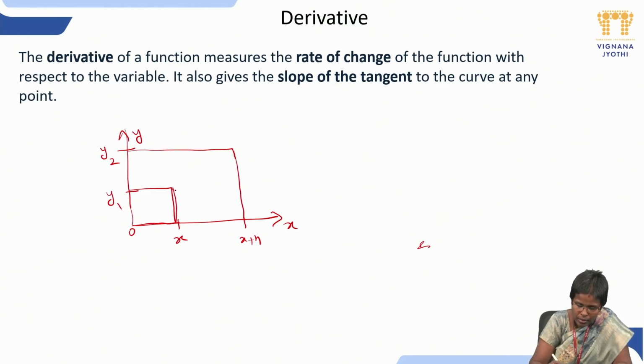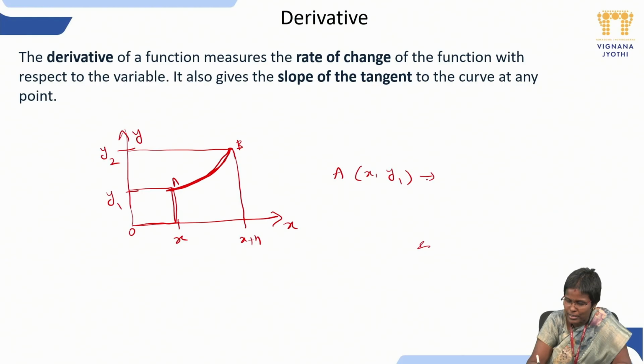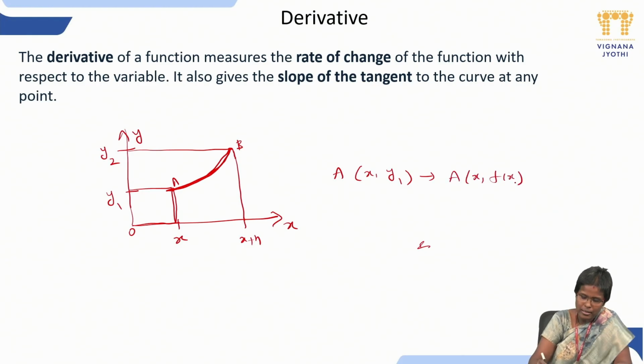Now if we draw a curve, this is a curve, where this is a point, let us say A, and this is a point B. The coordinates of A we can write as x comma y1, which is f of x.